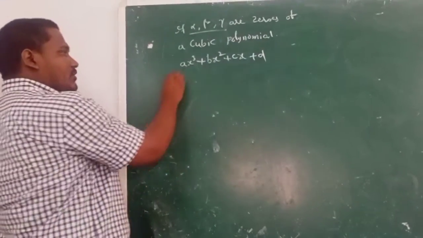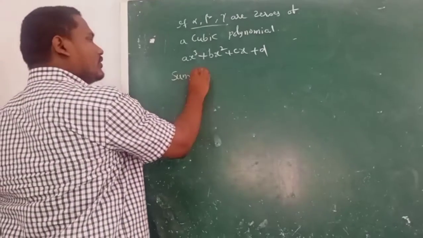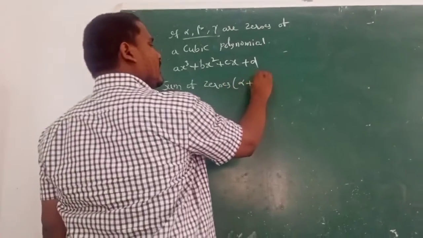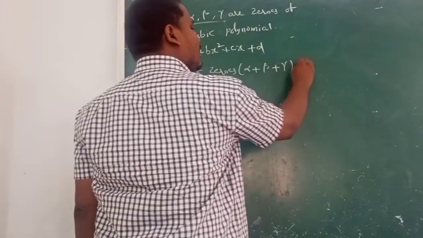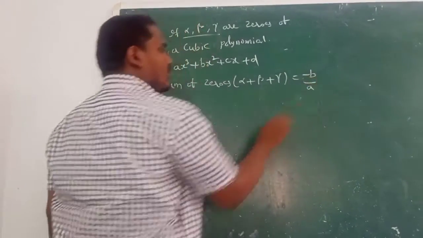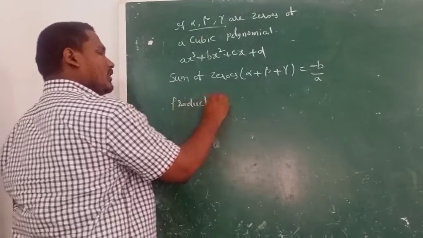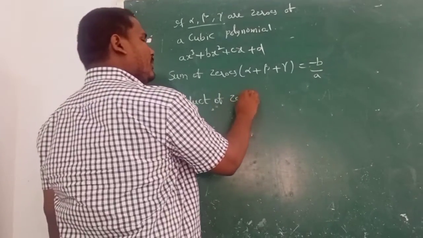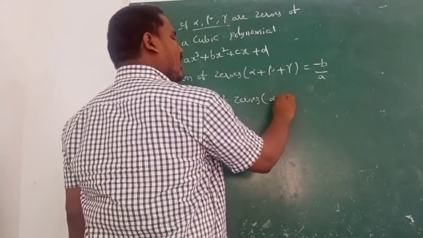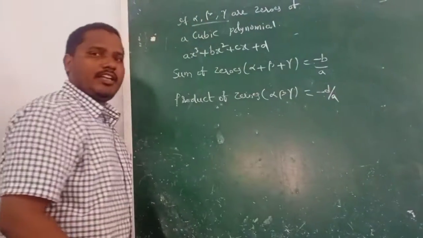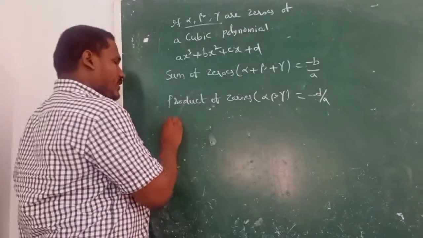The sum of zeros, alpha plus beta plus gamma, is equal to minus b by a, and the product of zeros alpha beta gamma is equal to minus d by a.